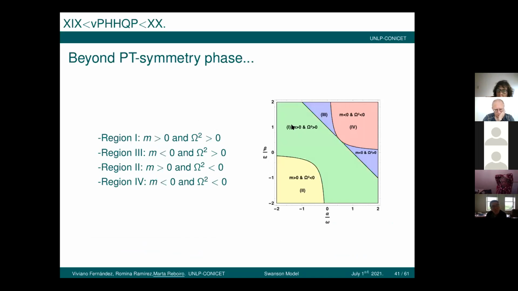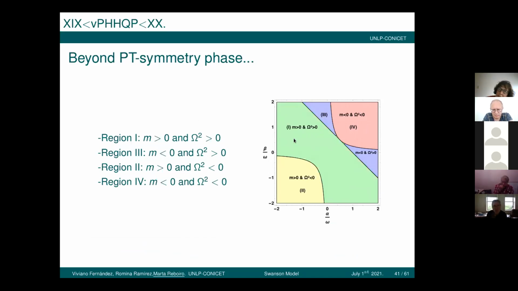A region where M and omega square are positive, a region where M is positive and omega square is negative, a region where M is negative and omega square positive, and the other region where M is negative and omega square is negative.